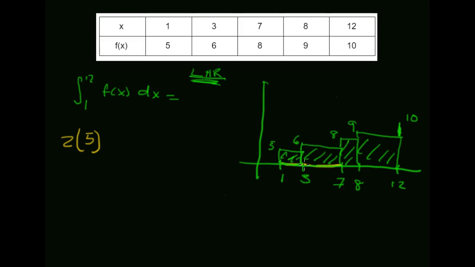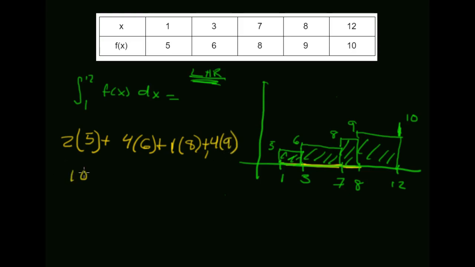My second rectangle has a width of 3 to 7, that's 4, and it has a height of 6. Okay, so 7 to 8 has a width of 1, and that has a height of 8. And then 8 to 12 again has a width of 4, and that has a height of 9.